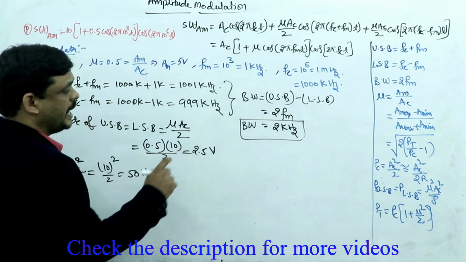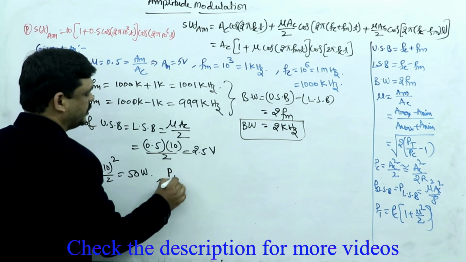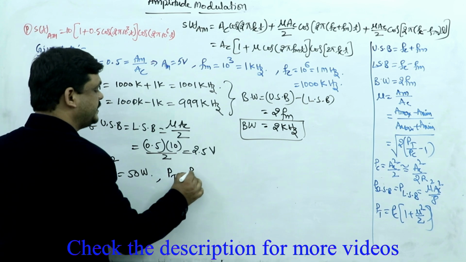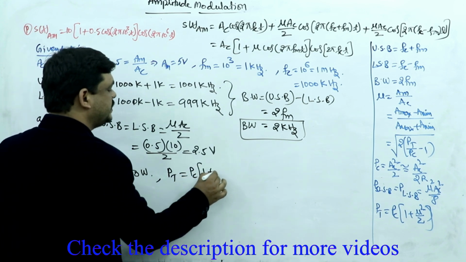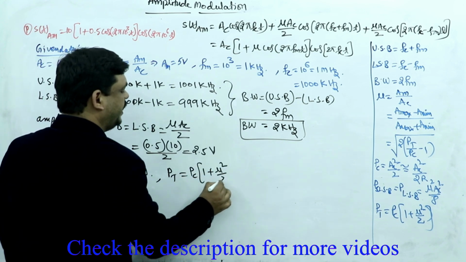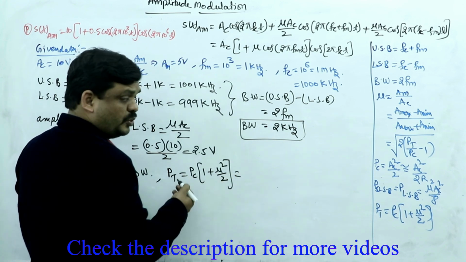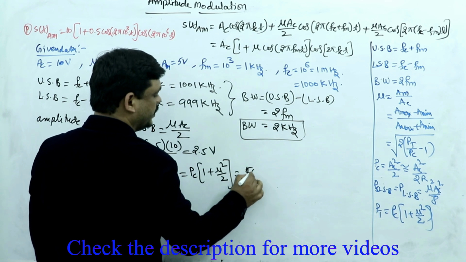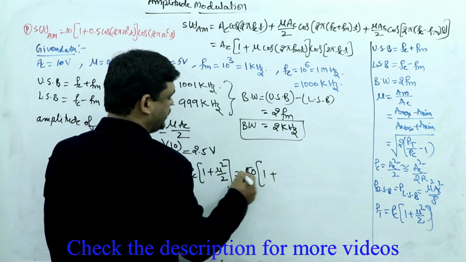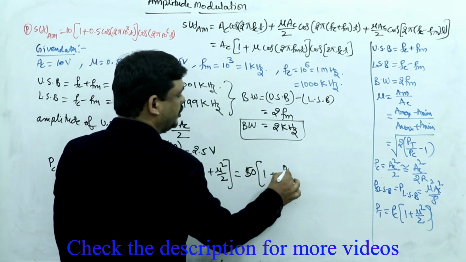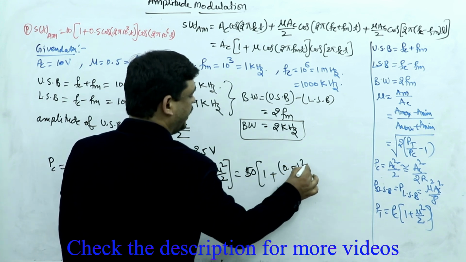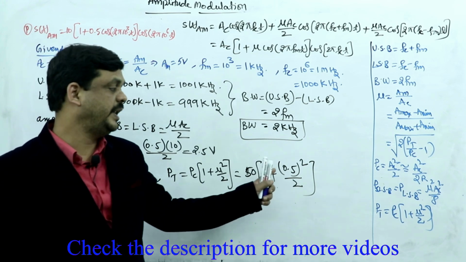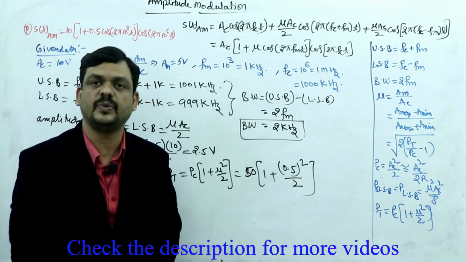Now from this I want to write the total power also. Total power standard equation is PC into 1 plus mu square by 2. Substitute all the values. PC value is here 50 watts. 50 into 1 plus mu is 0.5 whole square by 2. 0.5 whole square is 0.25, by 2 is 0.125.